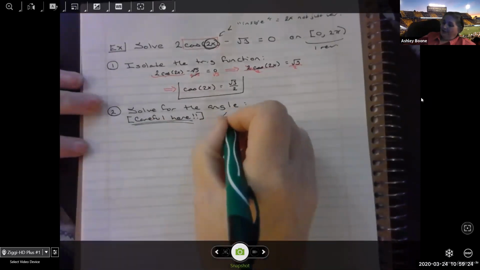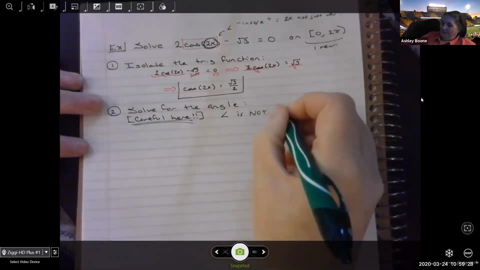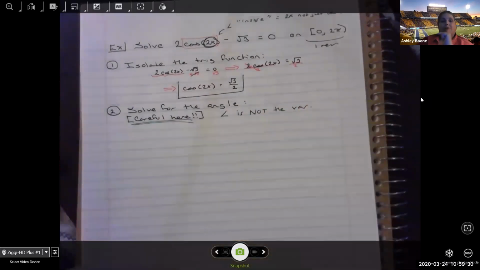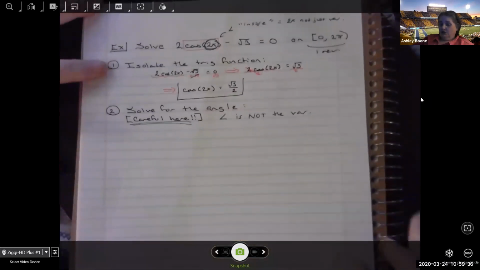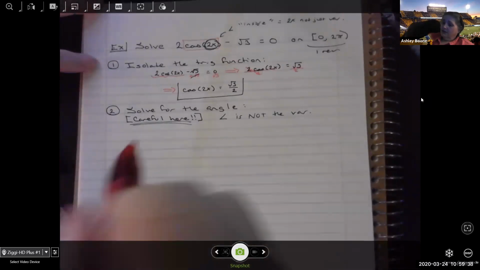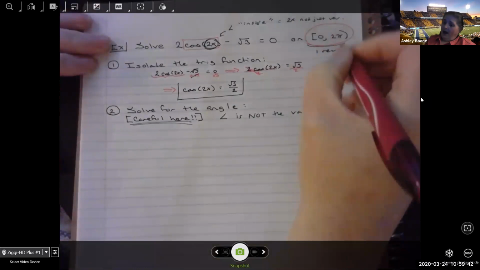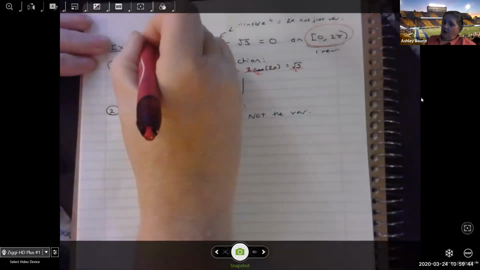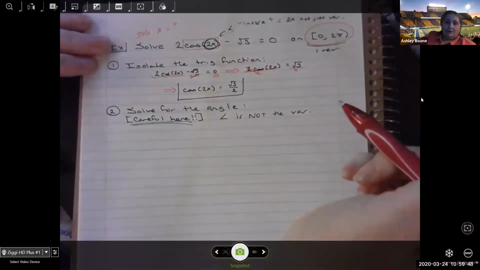The angle is not the variable. It's an expression involving the variable. That's going to make a difference, because in our solution, our solutions are going to be what is x equal to, not what's the angle equal to.